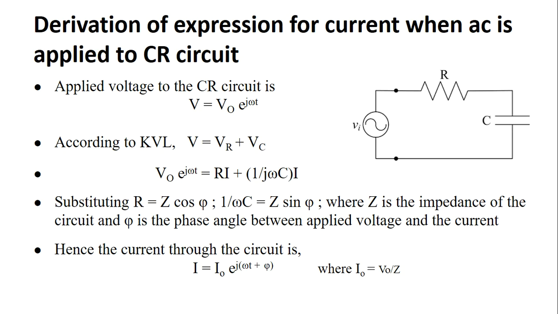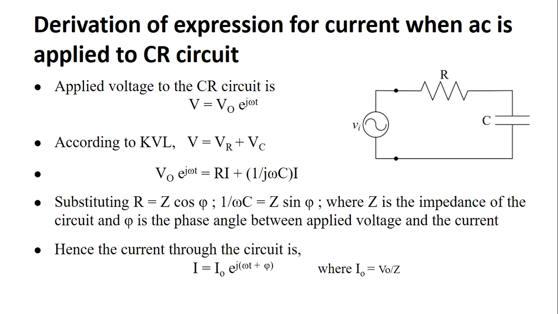After simplification, we get the current I is equal to I0 into e to the power j omega t plus phi, where I0 is the peak value of the current in the circuit, given by V0 by Z.